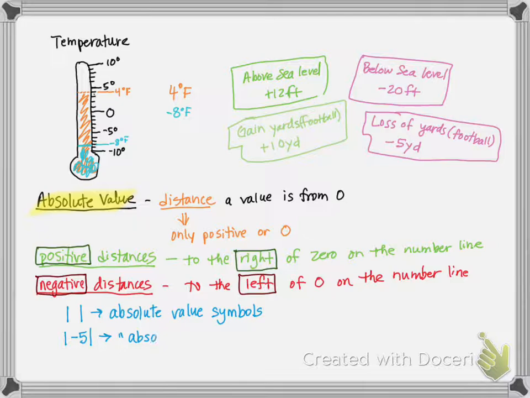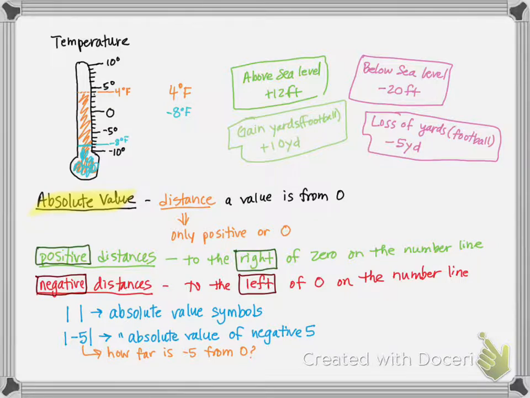Absolute value of -5. Okay, and basically the question it's asking is how far is -5 from 0? That's the question we need to answer, okay?